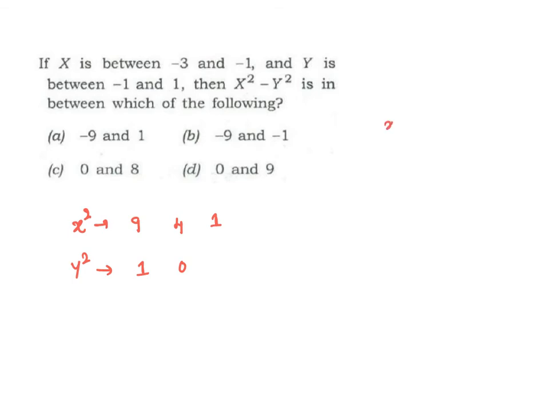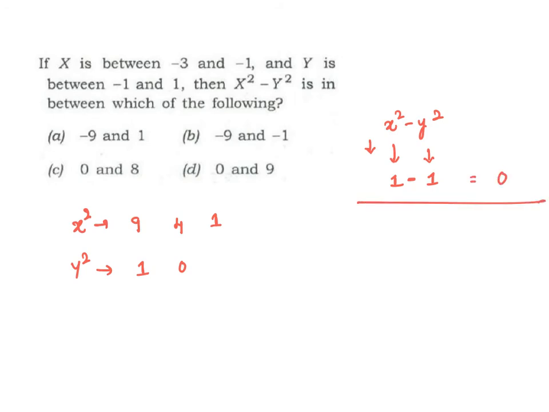So for x square minus y square, the least possible value is the least value of x square, that is 1, minus the greatest value of y square, that is 1, so 1 minus 1 is 0. So 0 is the least possible value.